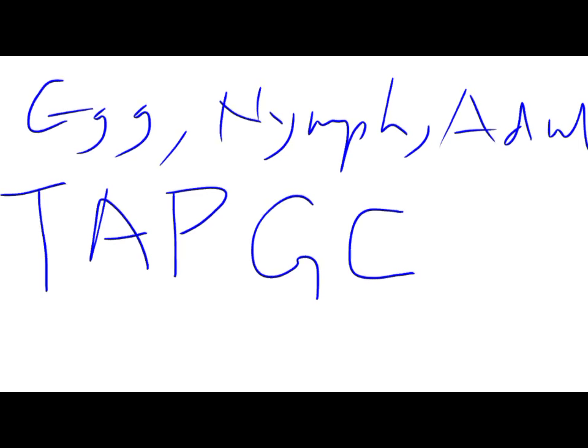The first T here is termite, the A here is aphid, the P here is praying mantis, the G here is grasshopper, the C is cockroach, and then L is a locust. TAP GCL. Those organisms undergo incomplete metamorphosis, made up of three major stages.